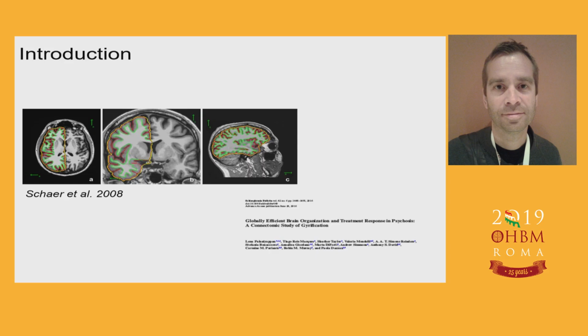You can see a study that was discussed a few days ago by Dr. Drazan from the Institute of Psychiatry in London, where she explained that people with schizophrenia that did not respond to treatment had decreased gyrification compared to patients that did respond to treatment. These kinds of studies indicate that there is some clinical significance to these measures of cortical shape.